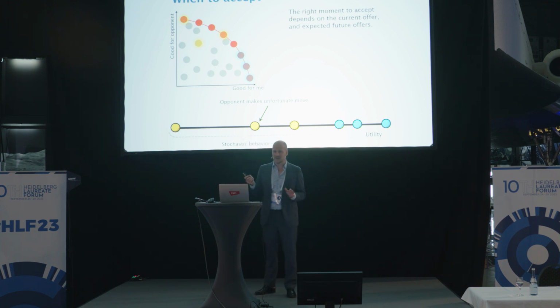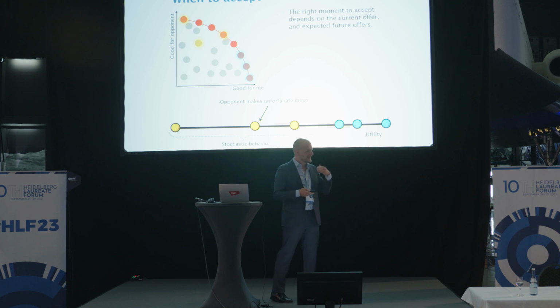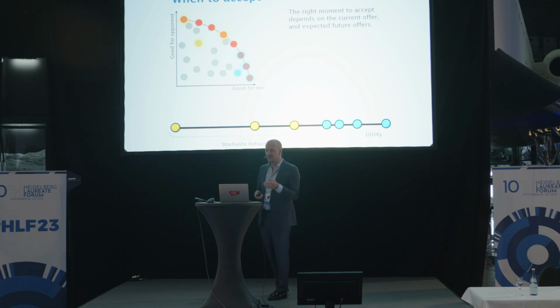Well, actually, our opponent tried to make a concession, but just couldn't because they don't know exactly our preferences. So it actually made it worse for both of us. But the idea is just to stay cool, keep on making concessions, and then wait until your opponent finally makes a concession that's also good for you. And that's then the moment to say, yes, I want this outcome, and you accept.